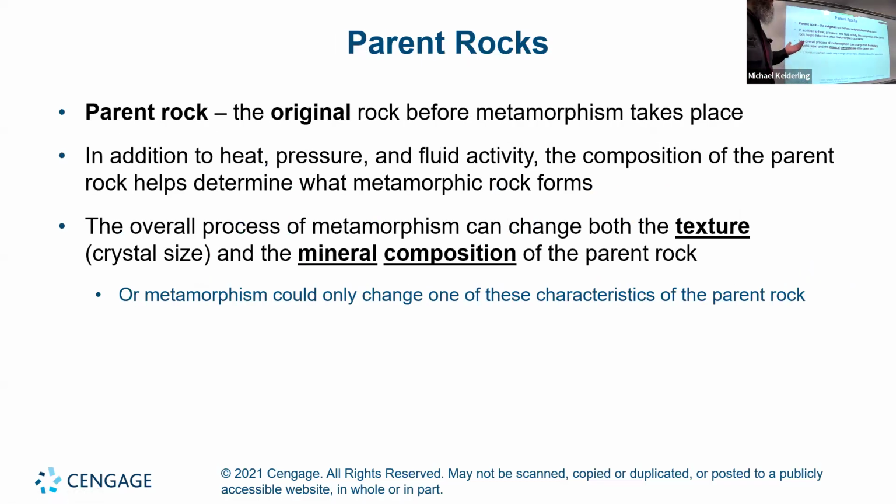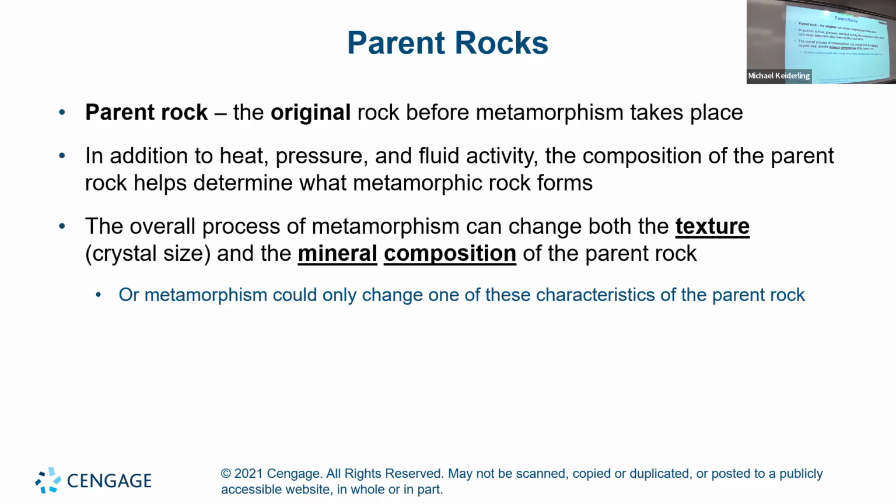When we talk about metamorphism, we talk about a parent rock, the rock you started with. In addition to heat, pressure, and fluid activity, the composition of the parent rock helps determine what metamorphic rock forms.